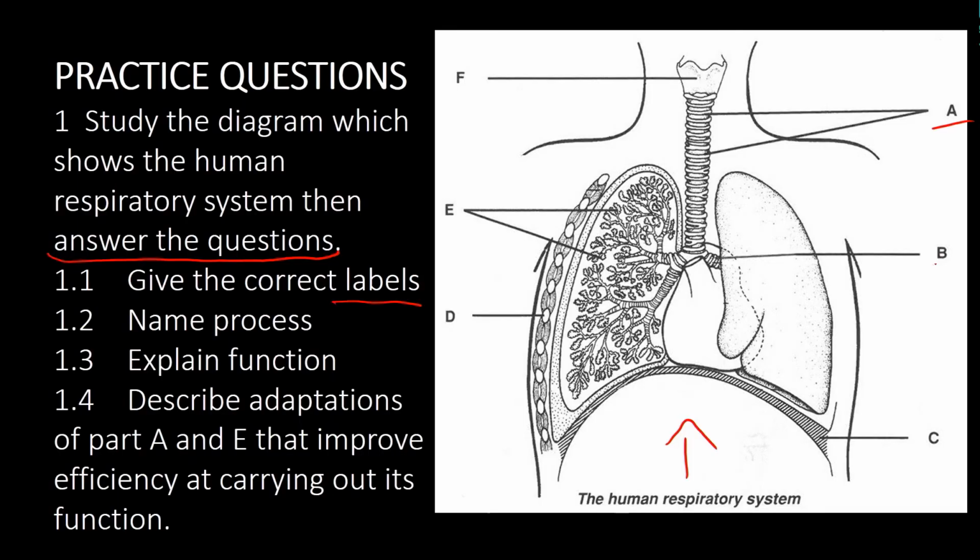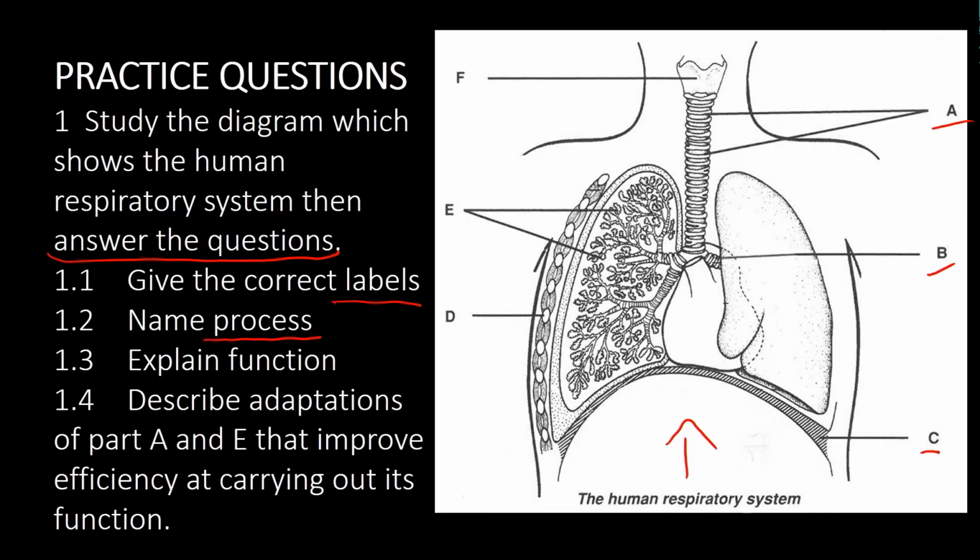Do you know the names of all of these parts? Now, in a test or exam, you usually won't have to label all of the parts. You might be asked to label 2 or 3 of the parts. For example, what is A, what is B, what is C? So you have to be able to correctly identify the parts.